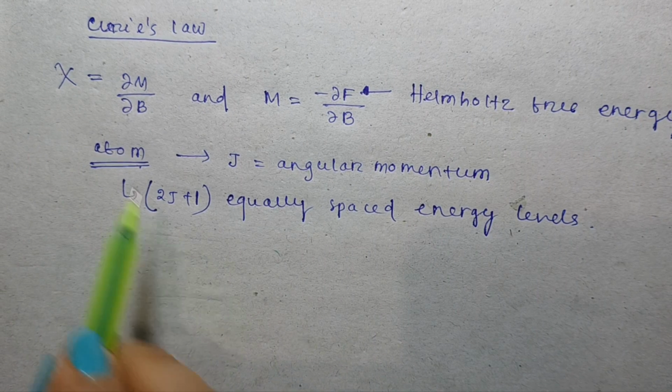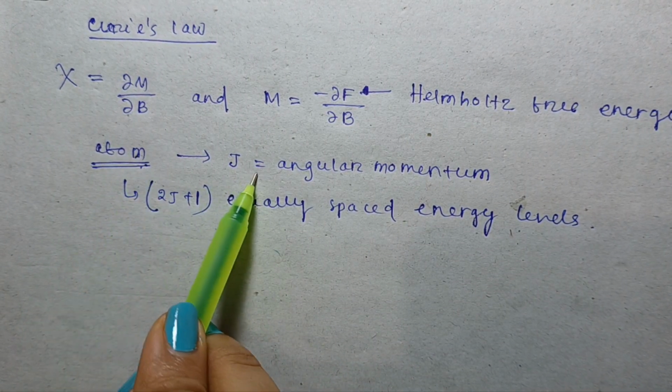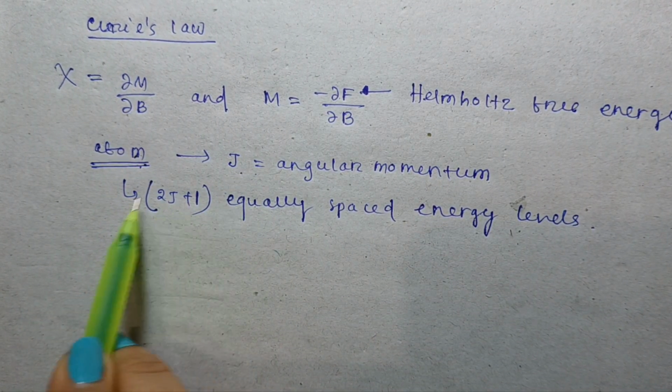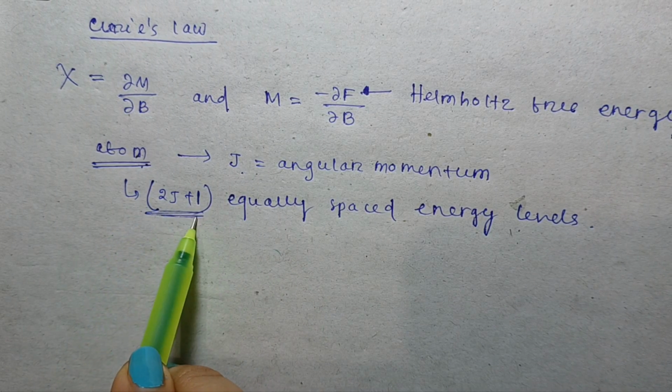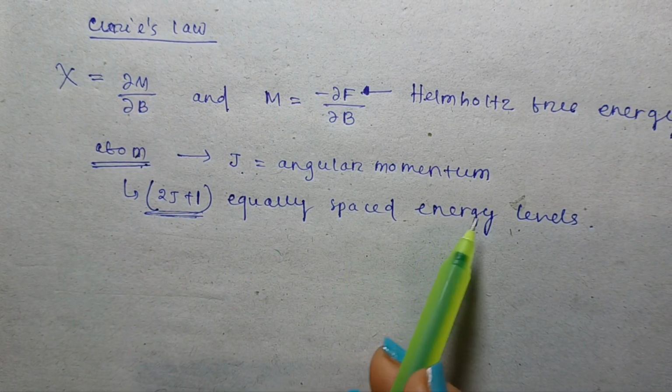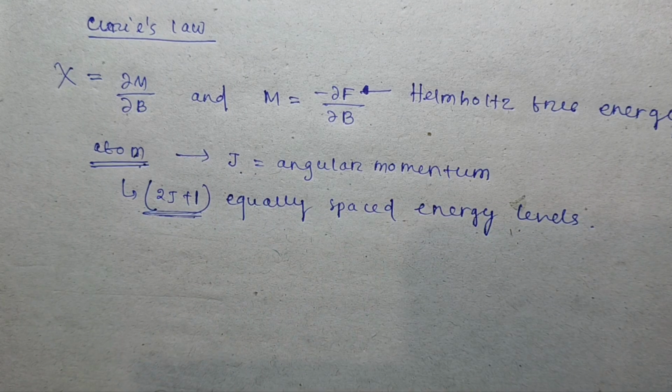So in a magnetic field, an atom with angular momentum J has 2J plus 1 equally spaced energy levels.